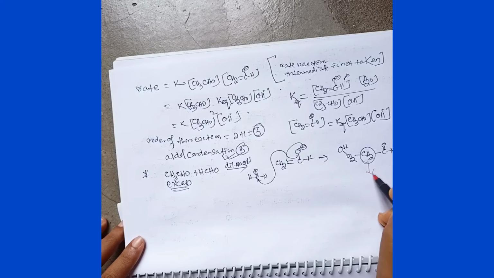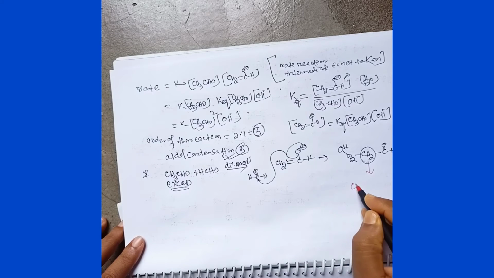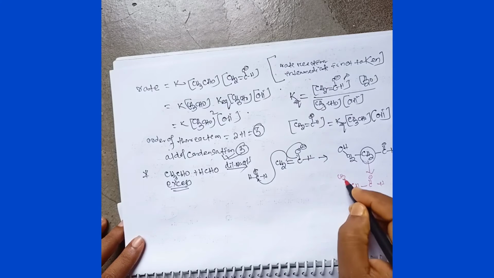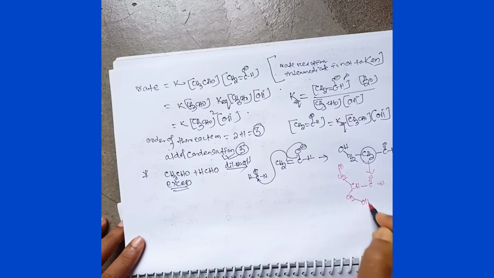In the next step, the second abstraction of the alpha hydrogen takes place, and again the structure will be CH COH with CH2OH, CH2OH.